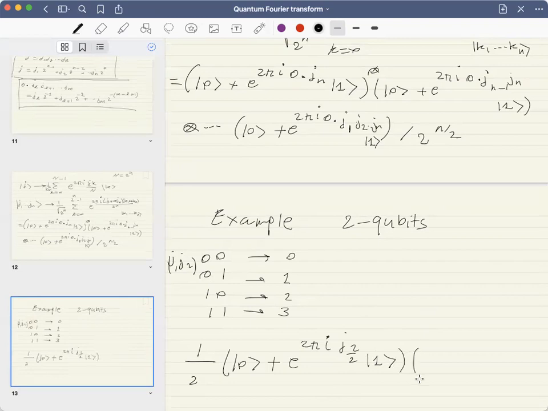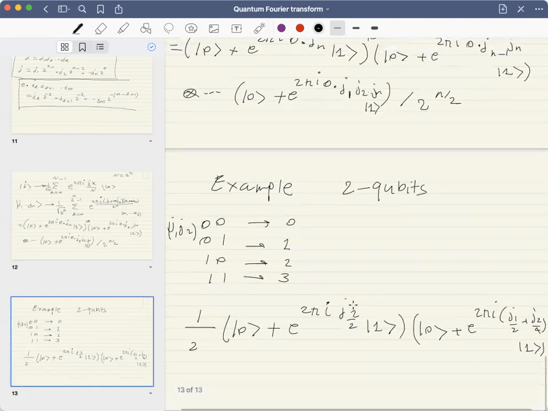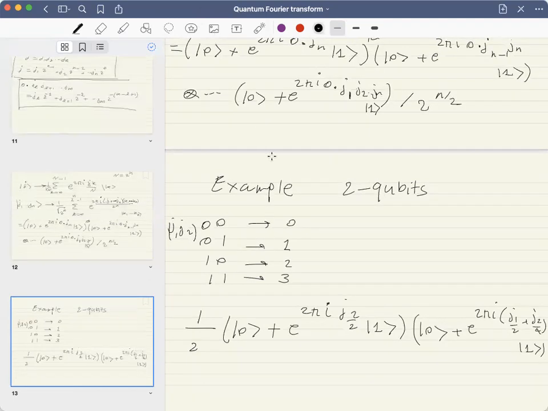And then the next one is going to be 0 plus e to the 2 pi i times J1 over 2 plus J2 over 4, times 1. And that's it. So this is going to be one half. I have 00, taking the tensor product of this with that.